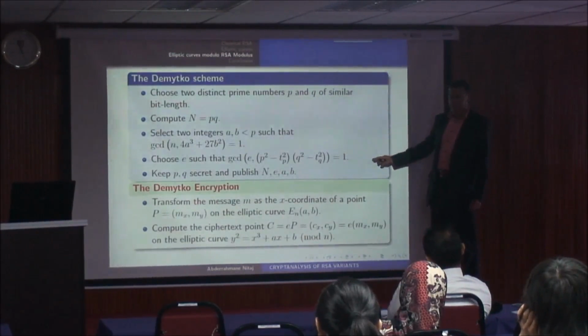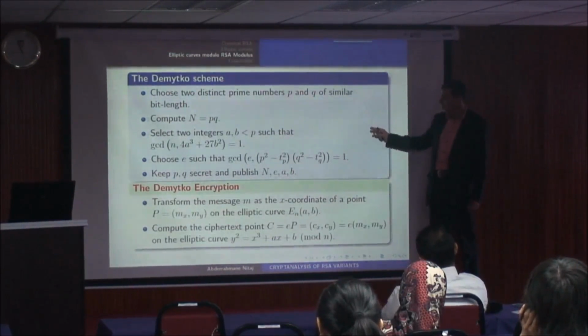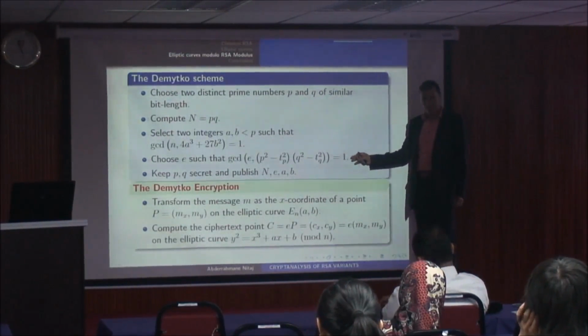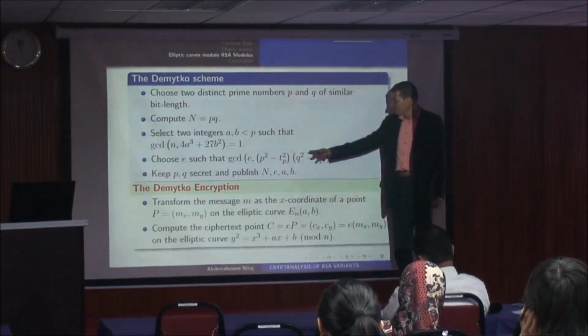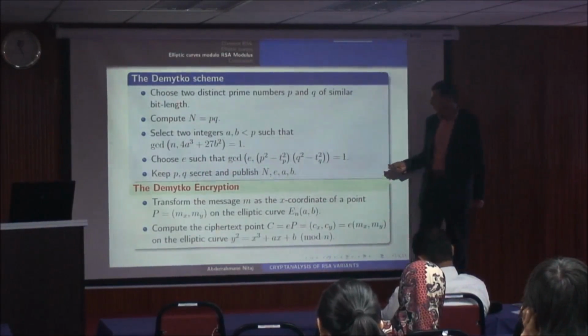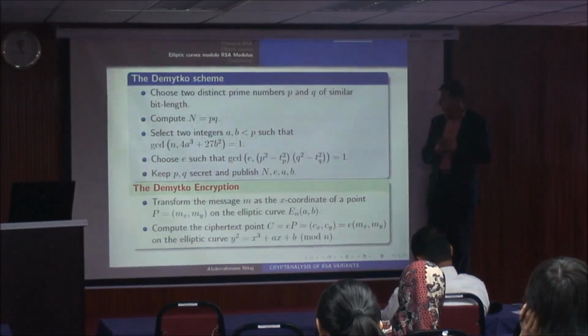But here we can see that there is no need for the parameter D, the inverse of E modulo something like this, because in the decryption process there is no need for it.